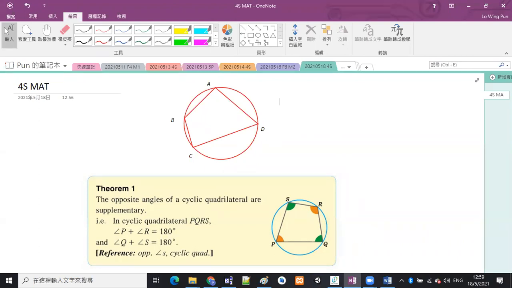It's called a cyclic quadrilateral. Sometimes we will just call it cyclic quad.